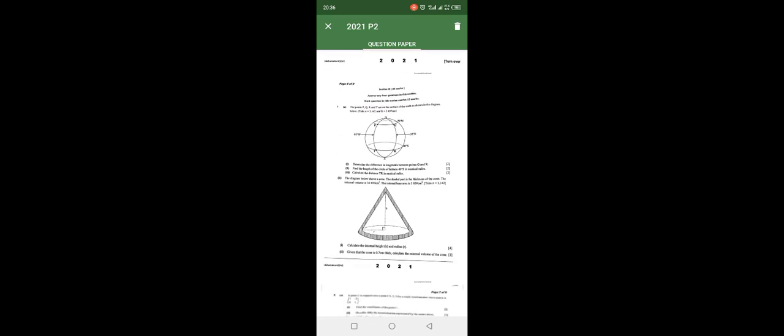But in most cases, in the Zambian syllabus, it mostly deals with business questions. That might give you business questions, and that's under section B. Once you see that this question involves business, then it's linear programming. That's how you can identify it.